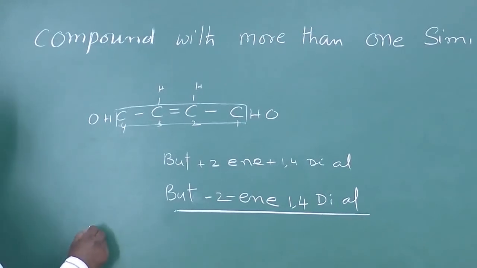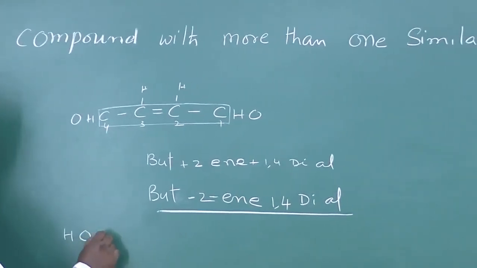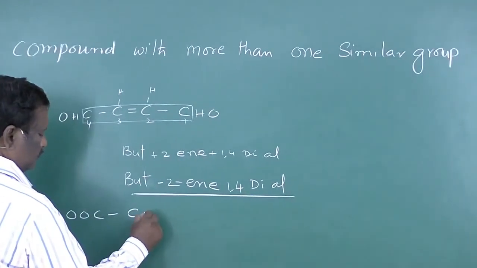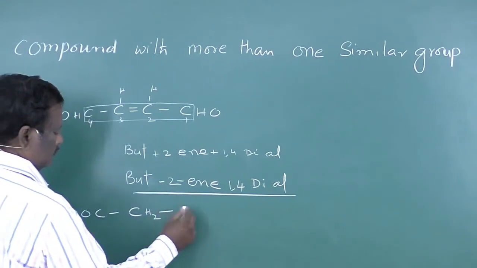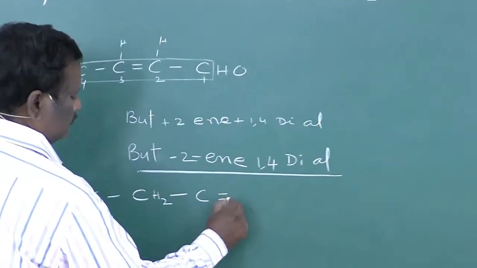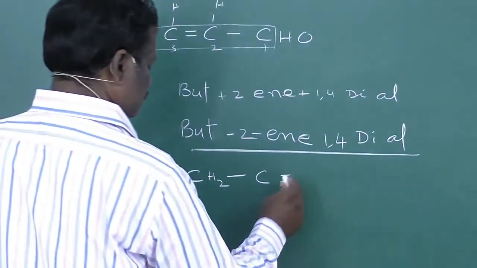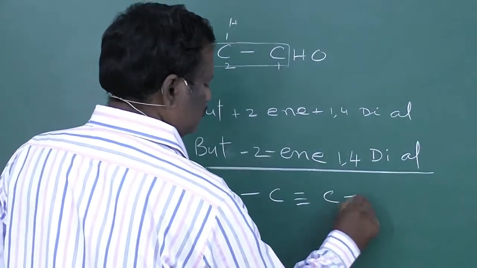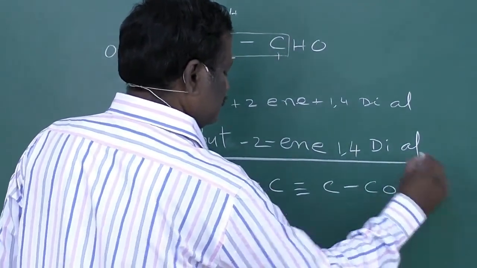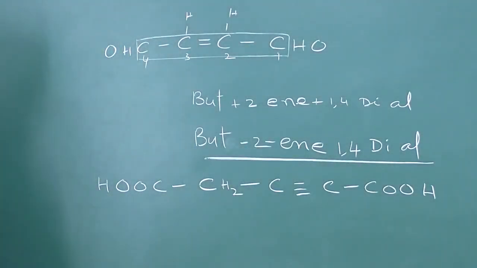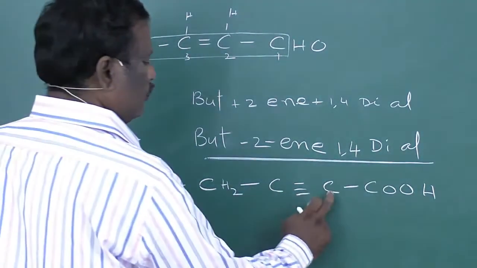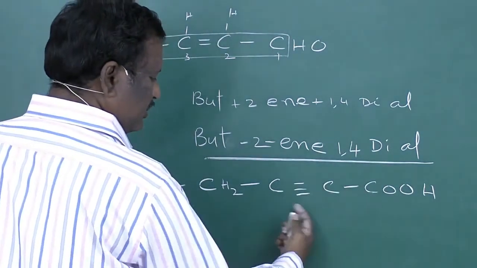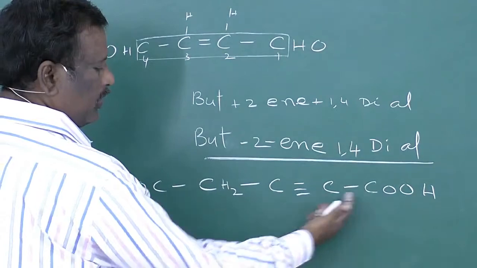Similarly, let us see another compound. Now here we have 5 carbon atoms. So let us give numbers from this side because the triple bond is nearer from this side.